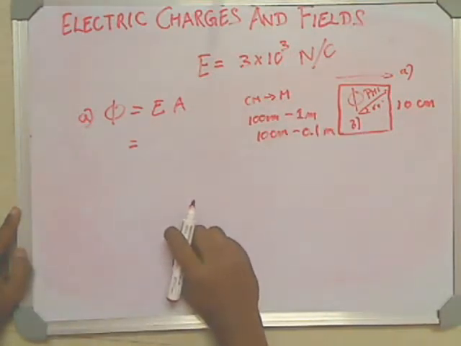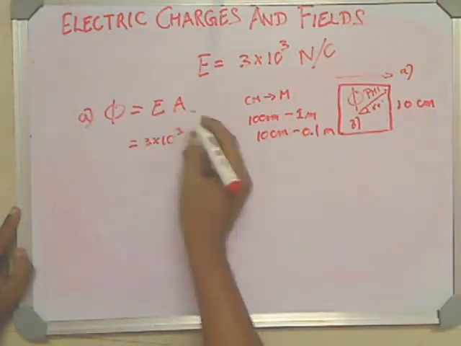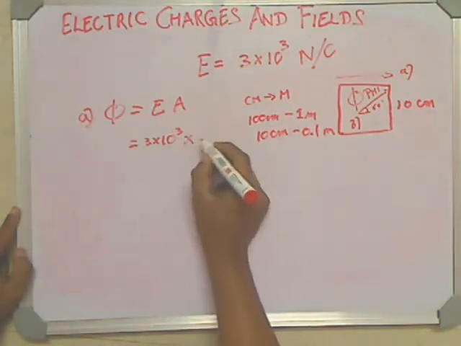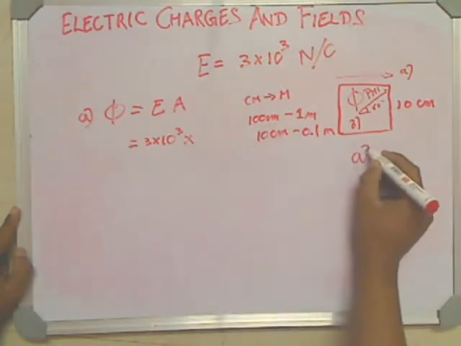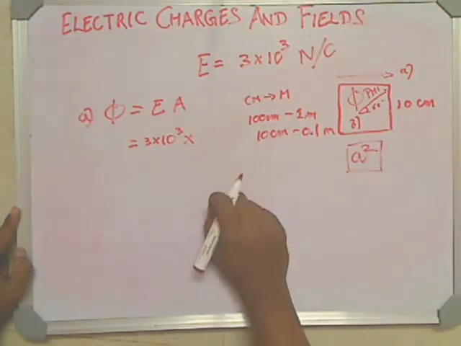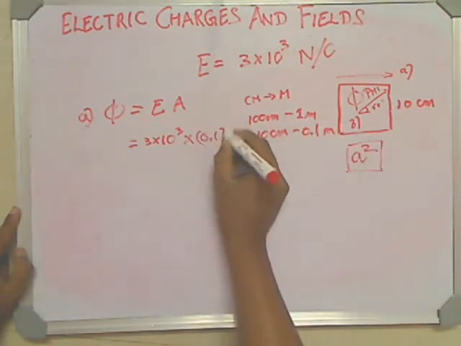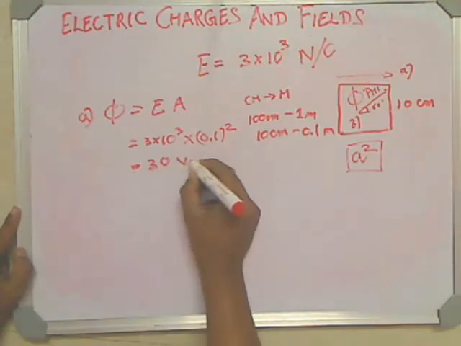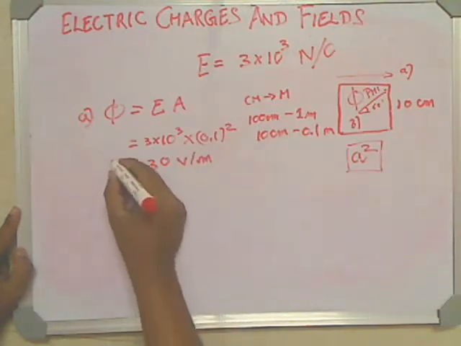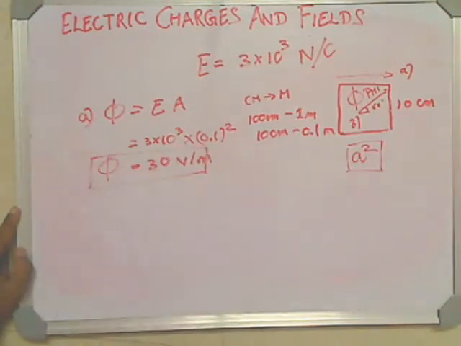This is something that you need to do. So 3 multiplied by 10 to the power of 3 multiplied by the area of a square. Area of a square is always given as a square. Now consider this 0.1 square, and you should get the value as 30 volt per meter. This is the SI unit to measure flux.